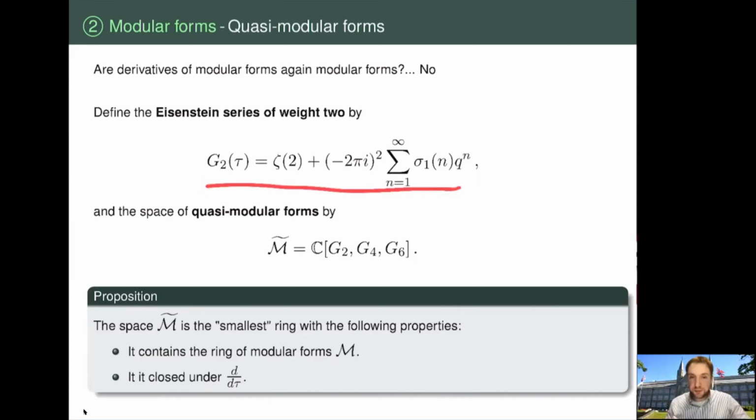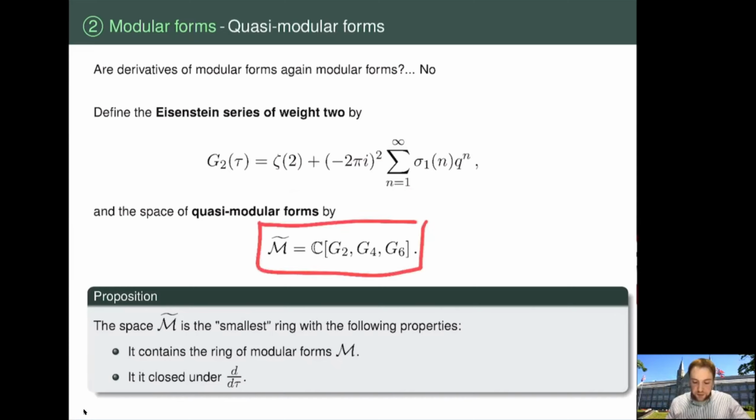So this here is just the formula of the slide before, with just plugging 2 in for k, and then we define the space of quasi-modular forms as a polynomial ring in G2, G4, and G6. And then the basic fact for this space is that this space is closed under taking the derivative.